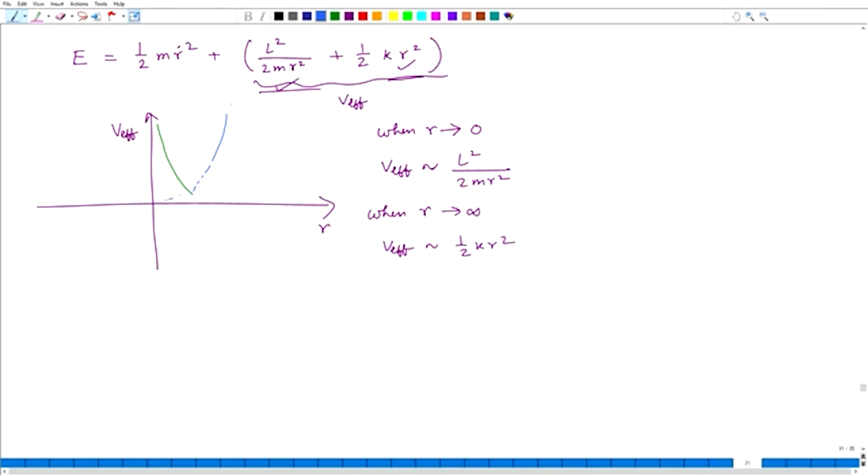Like this, and so when we are just combining these two, the resulting potential should be given by this. Yeah, and we just erase this part.